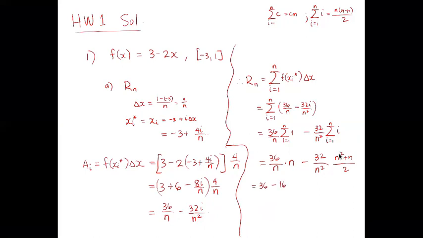And then you have your n squared over n squared, they will cancel out. Then minus 16 over n. So if we simplify further, Rn is just 20 minus 16 over n. So this is the one I need.